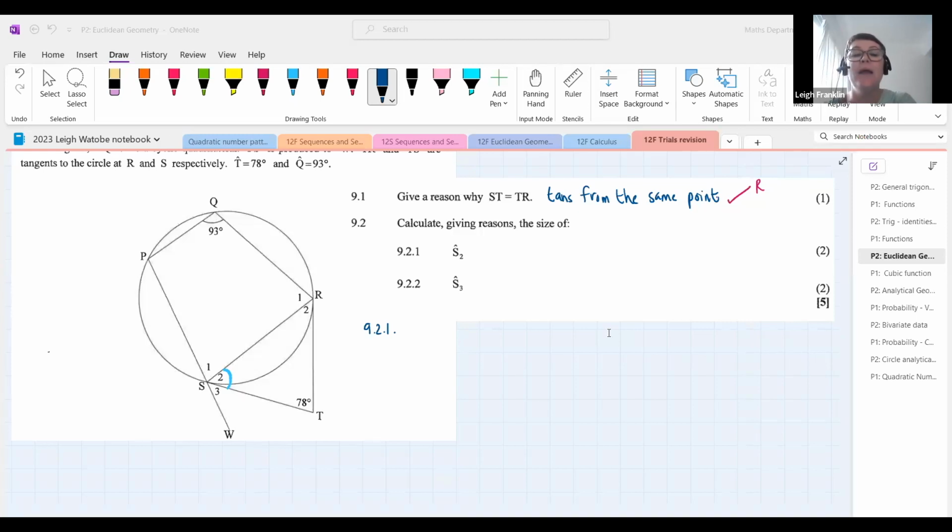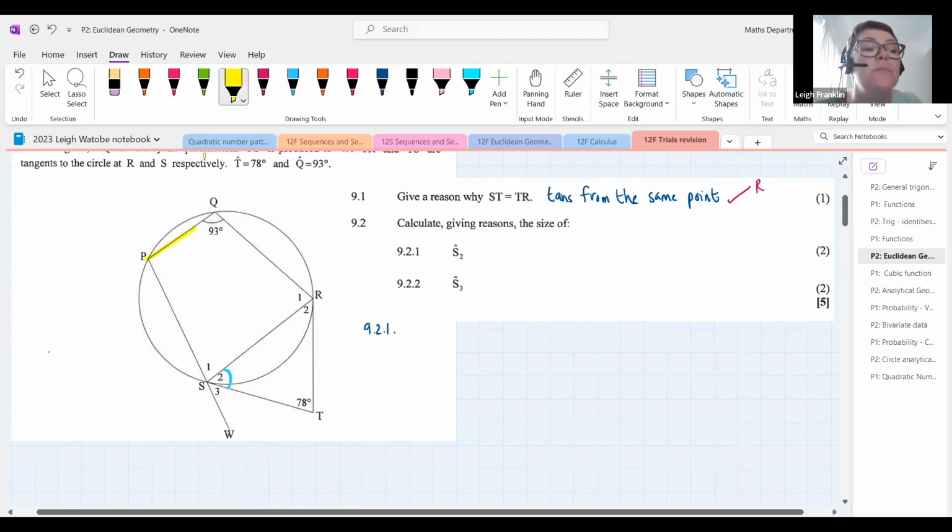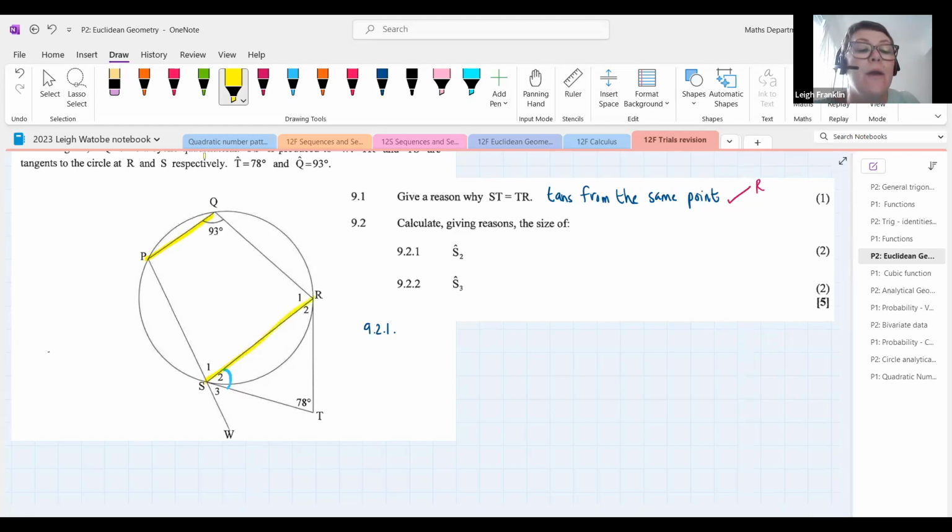Okay, so Leanne, before we continue, here is the cyclic quad. I'm just busy highlighting it in yellow. The exterior angle of the cyclic quad includes angle S2, but it's not just S2.